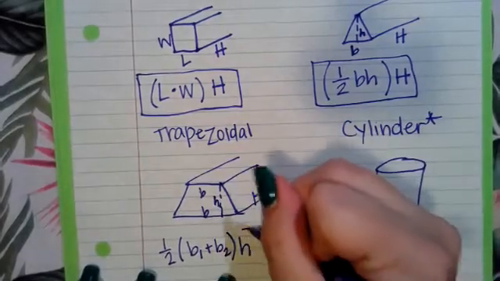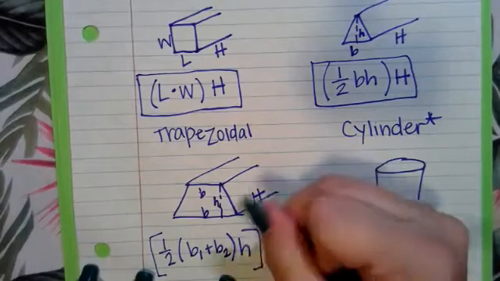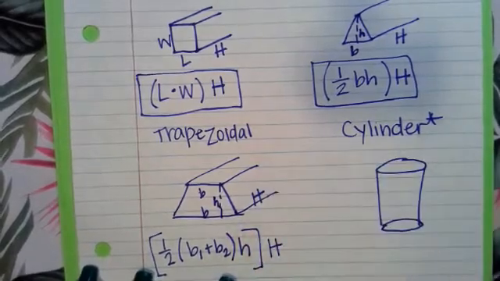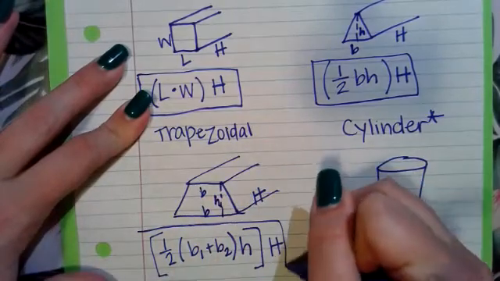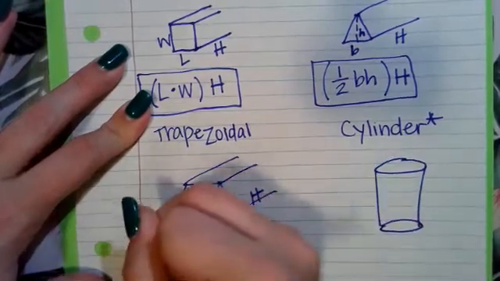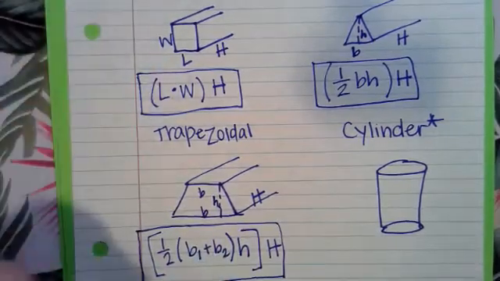Then we have to take this whole thing, so I'm going to use brackets here, and multiply it times the height of the prism. So it's the area of a trapezoid times the height of the prism. It looks a little crazy, but that's basically what it boils down to.